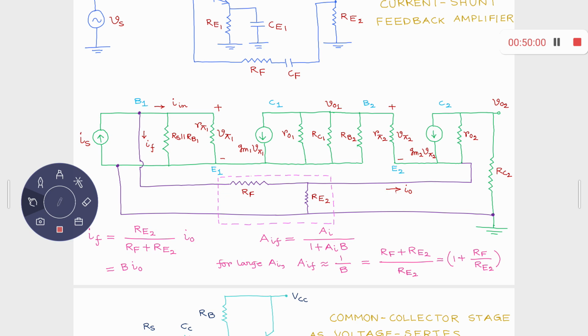For very large current gain, if AI is very large, in that case AI upon 1 plus AIB gives rise to 1 plus RF by RE2. So remember that expression, 1 plus RF by something. That is very important. These two things, one is this minus RC by RE, you remember? Minus RC upon RE.